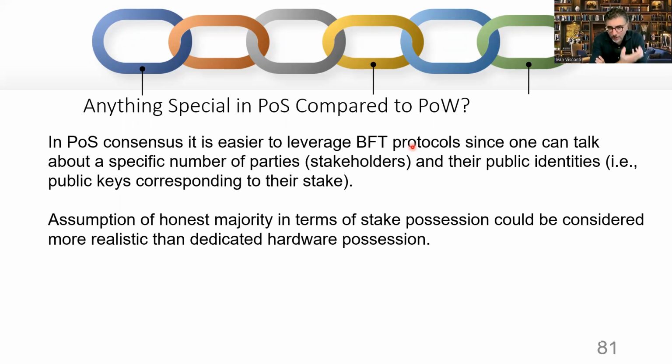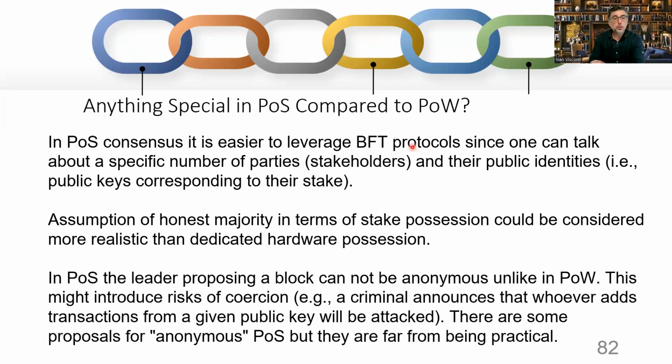For proof of work, there is this possession of hardware that can perform a lot of computations. While for proof of stake now, the assumption is about how much money you have. Essentially, money not outside of the blockchain, inside the blockchain. The amount of cryptocurrency of the blockchain that you possess. It could be considered more realistic than hardware possession, but I don't know if it's true or not.